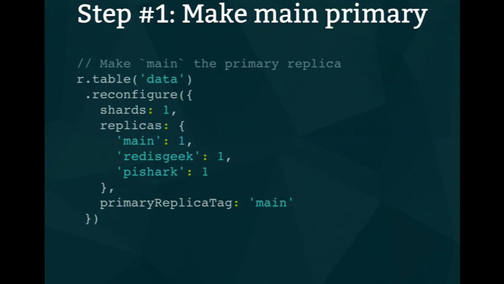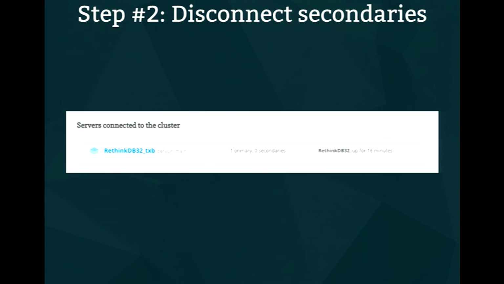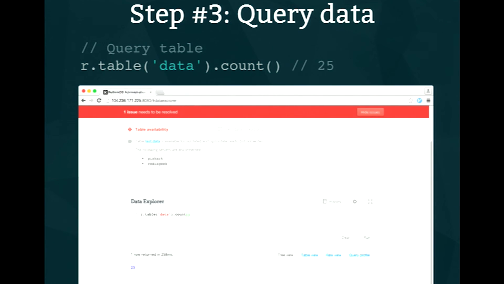So let's take a look at the second example, right? So if we had main RethinkDB32 be our main server, and then we disconnected all secondaries, okay? So we disconnected these 2 guys, and we only had that one up there. We could actually still get all the data. We could run a query, and it will return the right result, okay? Why? Because it is the primary, okay?